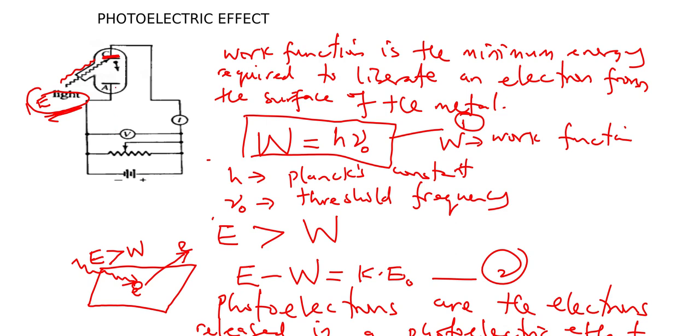We want to stop them, so the photoelectrons are already in motion, they have kinetic energy, using this equation 2. Now we want to stop the kinetic energy. What we do is to vary this voltage. This is a rheostat. So we use it to vary the voltage.